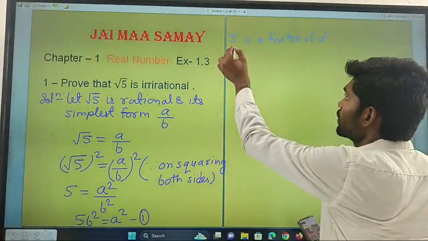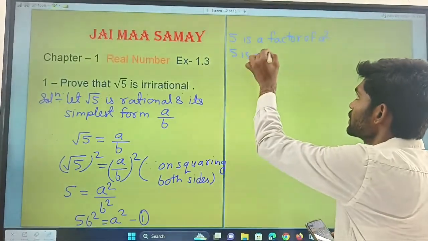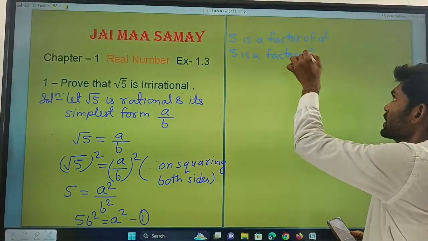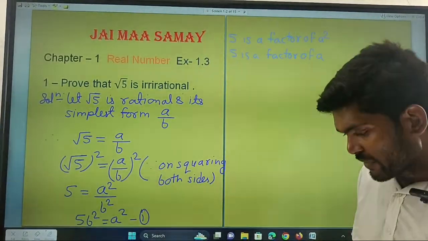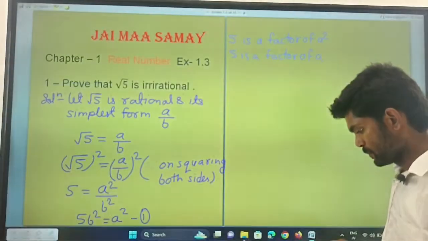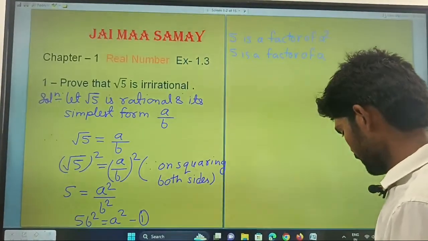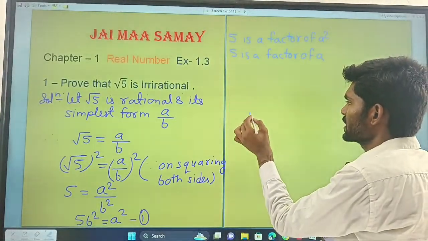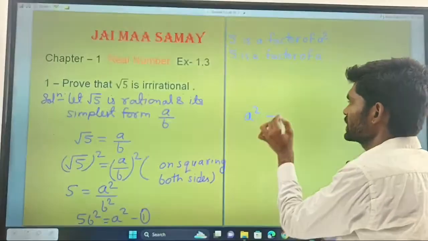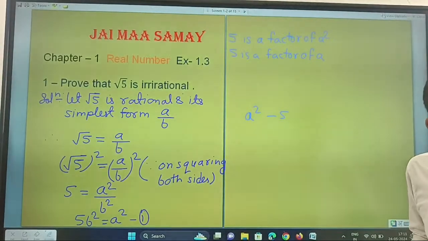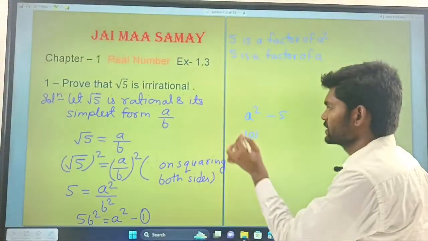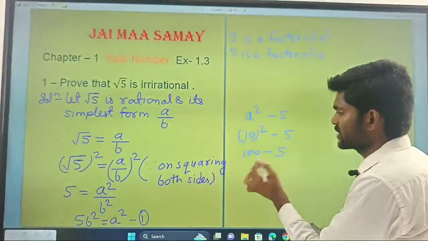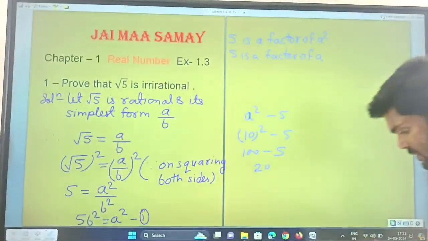Then 5 is a factor of A. Clear? I am giving an example. Suppose A square is 100 and it is divided by 5. At A's place suppose 10. 10 square means 100. 100 divided by 5, what do we get? 20.